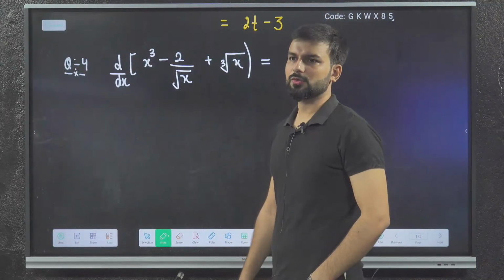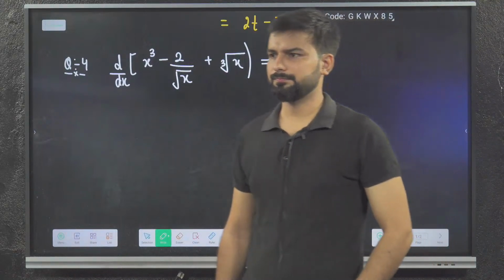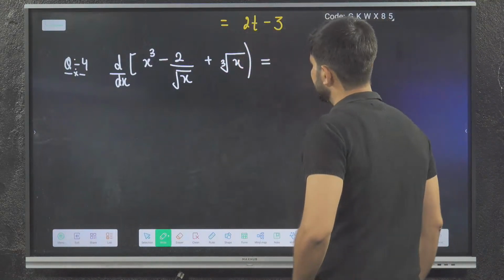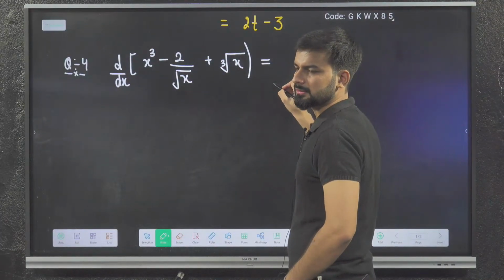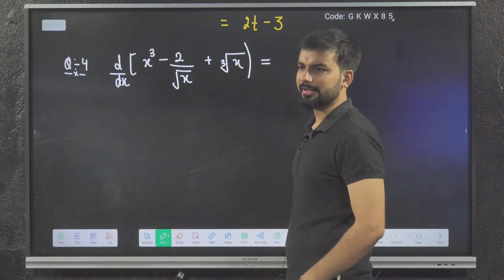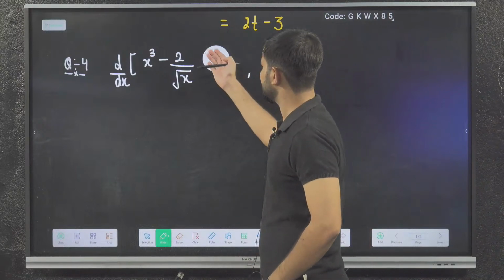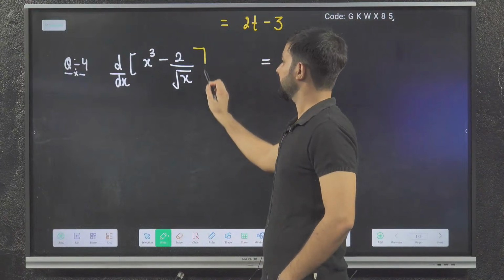This time it is a good question. So you have to write it: d by dx of 3x square plus 3 by root 2. Okay, I'll remove this one. It has become a little bit difficult for you. Slowly we'll increase the level.